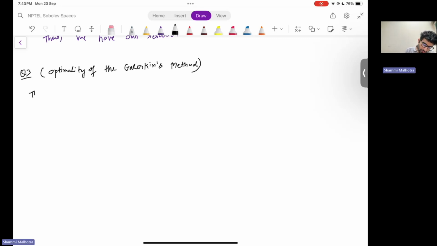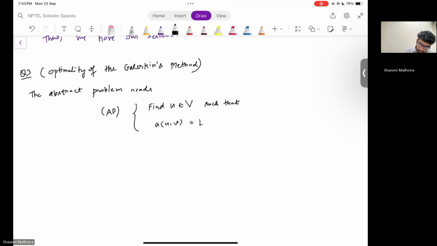The question is, the abstract problem, AP, reads: find u belongs to V such that a(u, v) is nothing but L(v) for all v belongs to V. So this is the abstract problem. Here a(u, v) is some bilinear form.